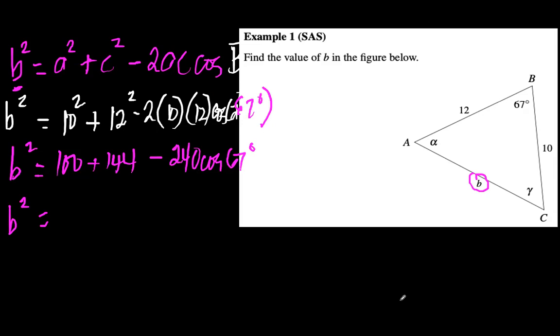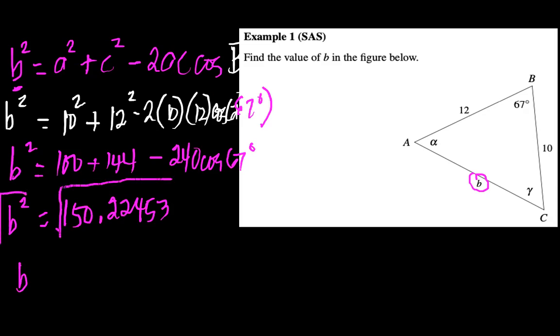As I've told you, since we are not yet on the final answer, we better use a bigger number of decimal places so that we will have a more accurate answer. So let's make use of 5 decimal places at this moment. So that's 150 point what? 22453. Okay, correct.